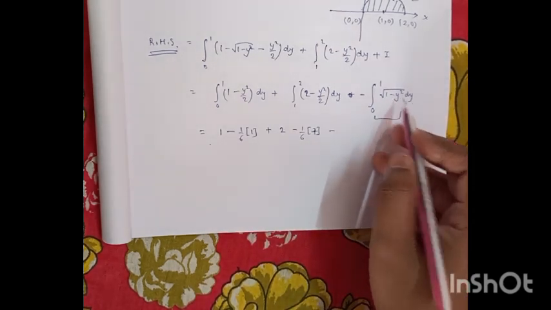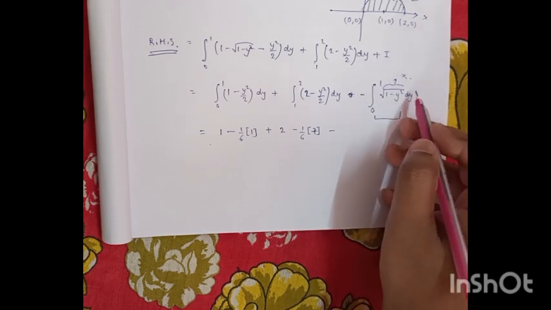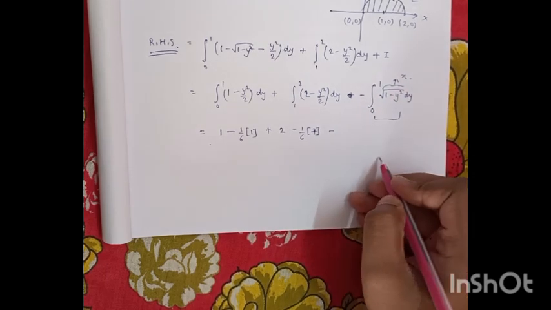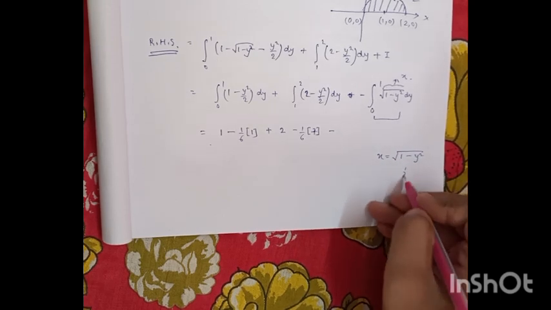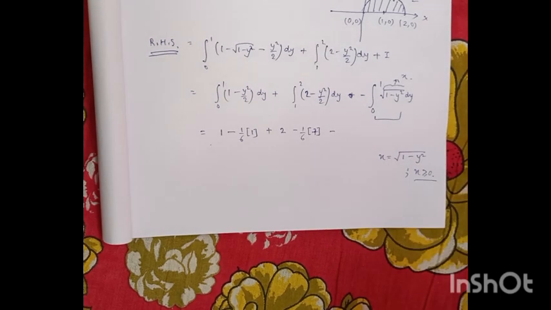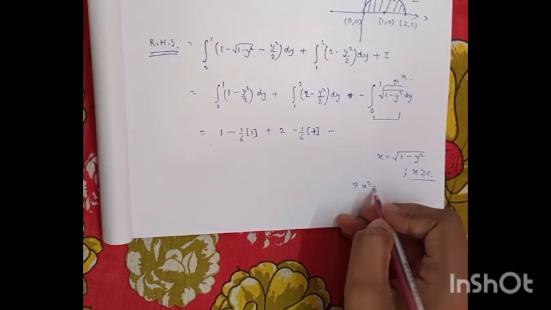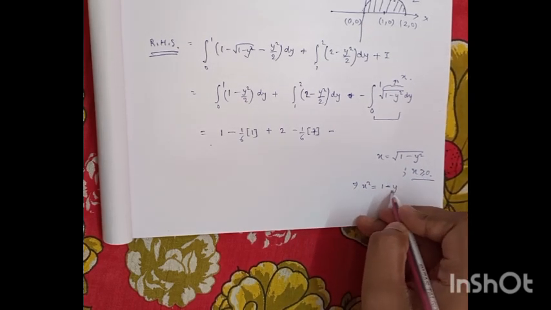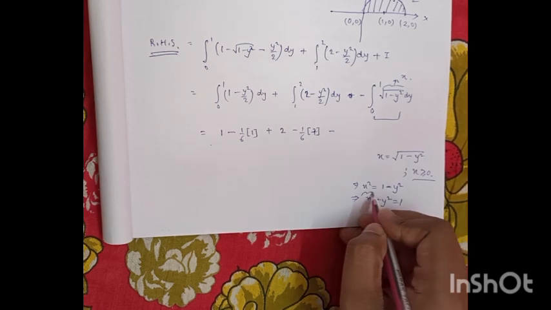So let us assume this function as x. So x is a function of y, then x is root under 1 minus y square, where x is greater than or equal to 0. So if we square both sides, then x square plus y square equals 1.